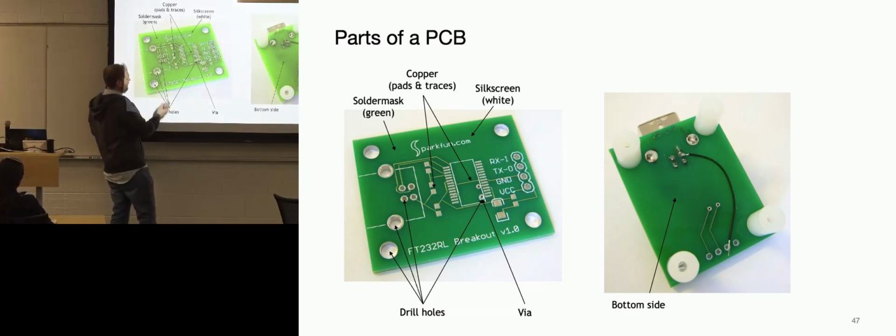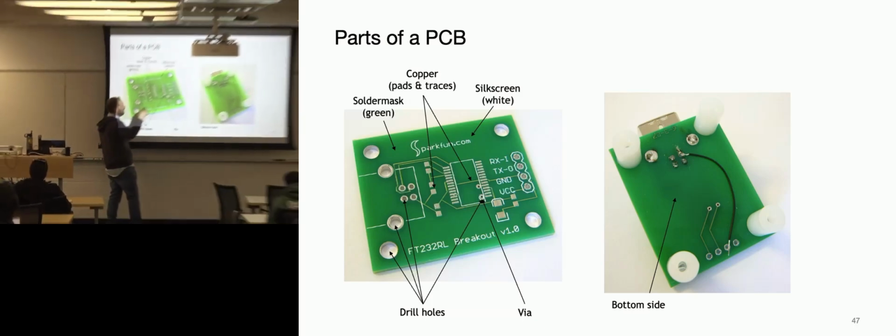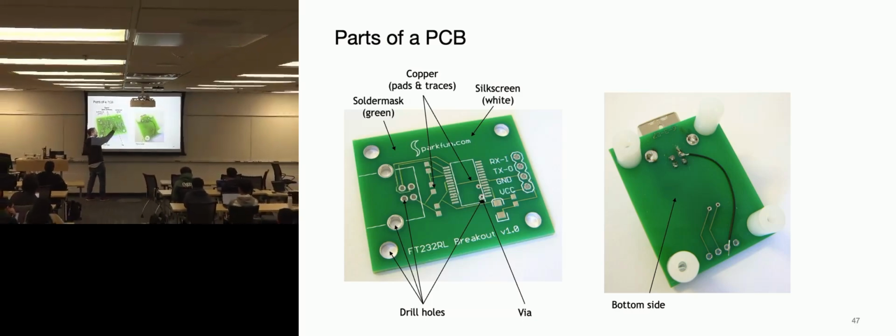That is different than a drill hole, let's say like this. This is supposed to be a via that only allows signals to go from the top layer to the bottom layer, and so it's plated. This is a hole with nothing connected to it. This is just for mounting holes for putting a standoff on. This electrically connects the bottom and the top, which means the inside of it is plated.